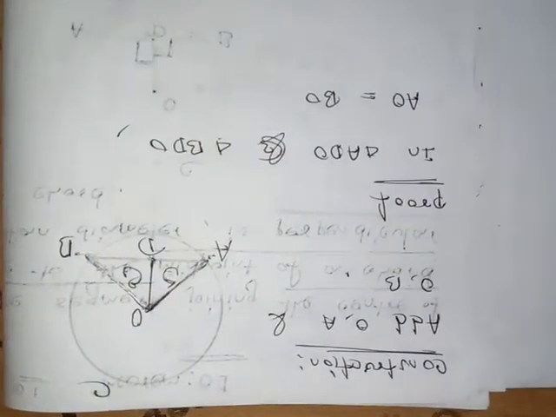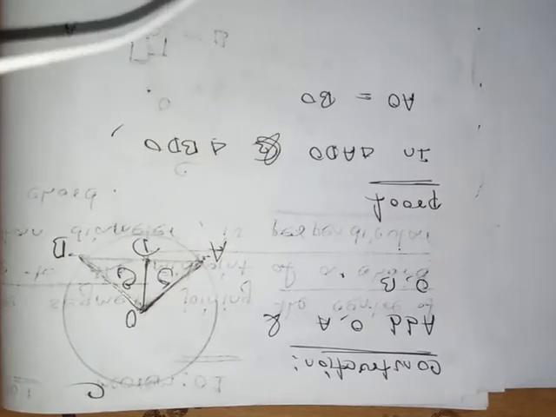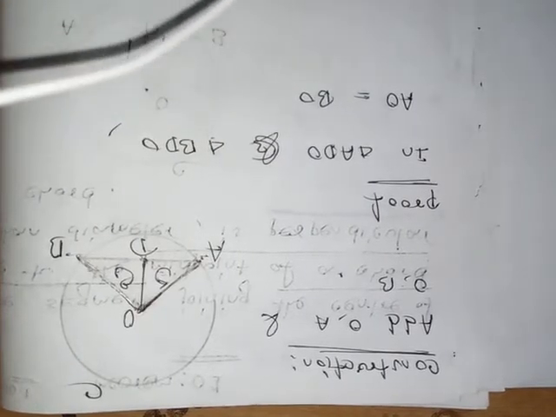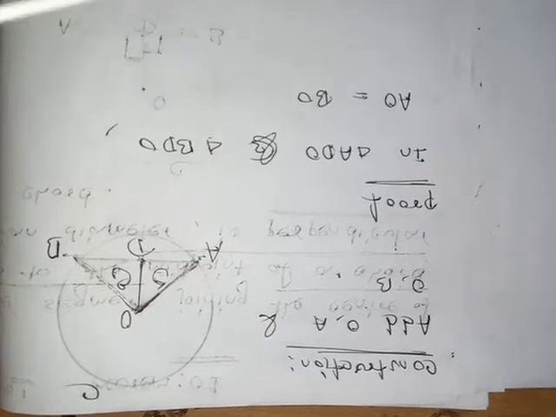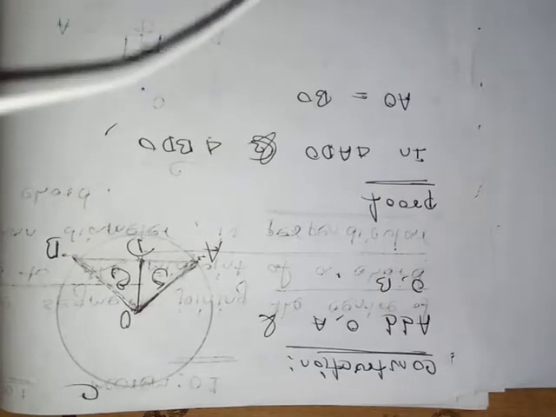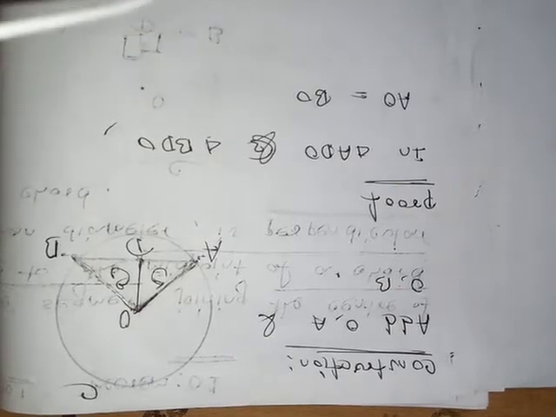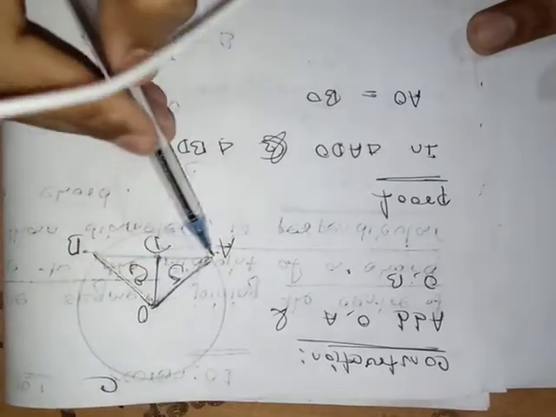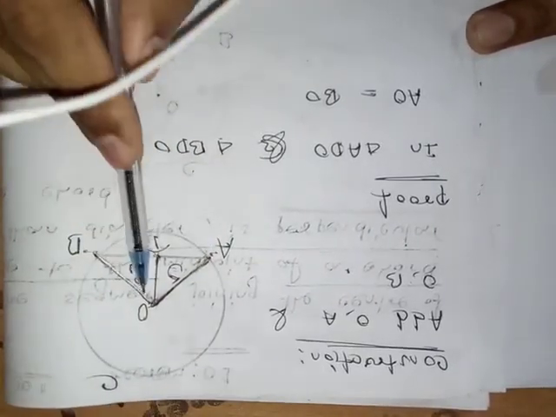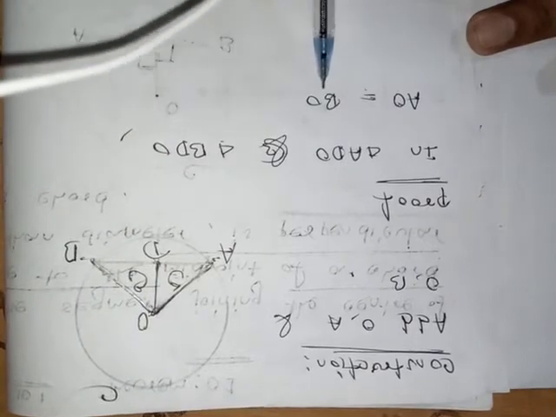Since the radius is fixed for a particular circle, we can say for this circle, AO is equal to BO.